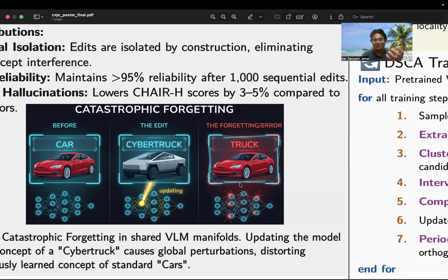Now it may answer, no, this is a truck. It is happening because while fine-tuning, we are showing the model something which looks like a car, but has truck in its textual description.